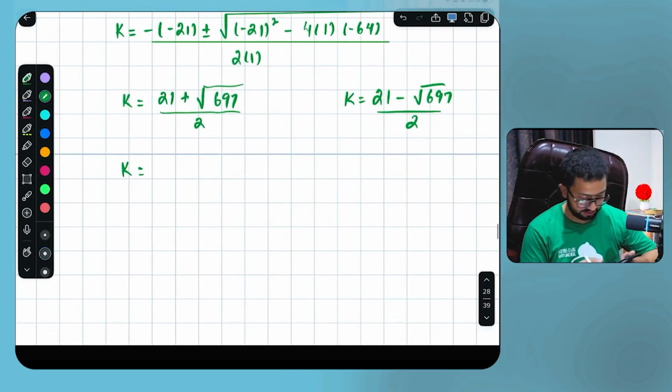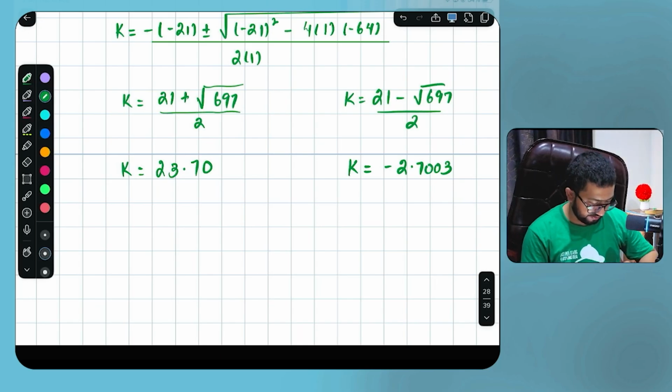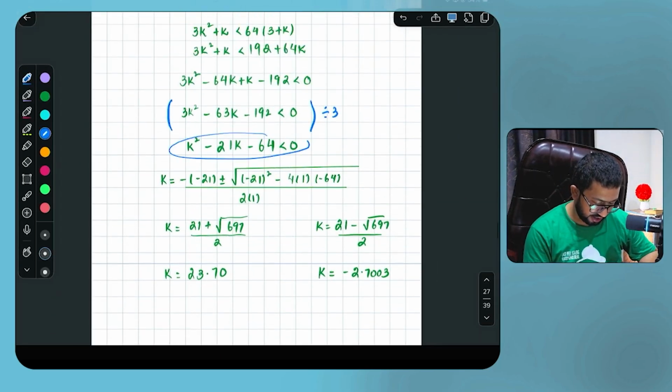So be careful. That is the answer, but everyone knows that is not our final answer because the question is a quadratic inequality.